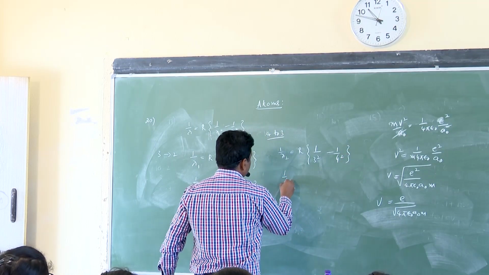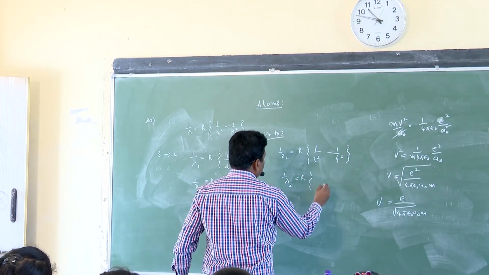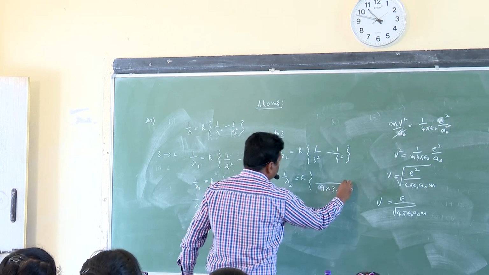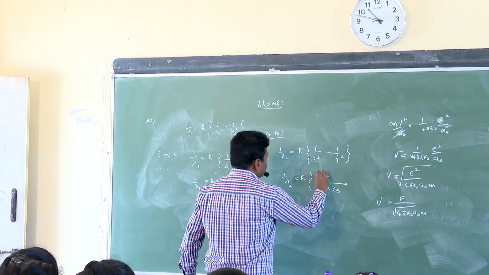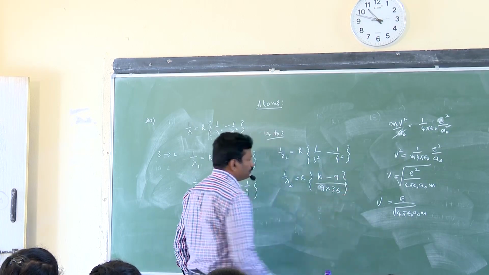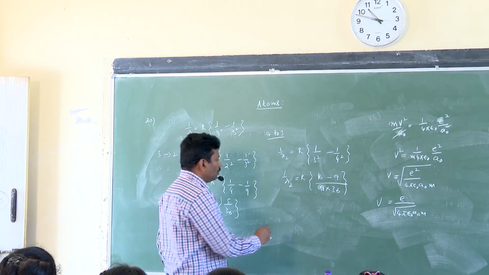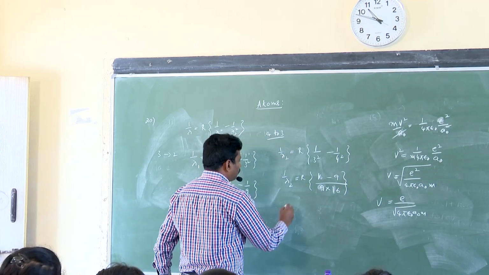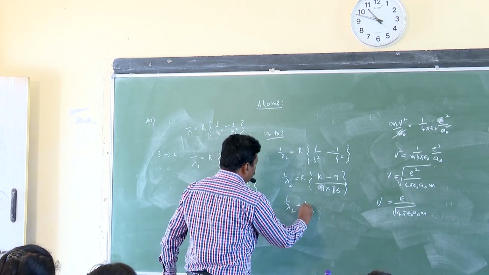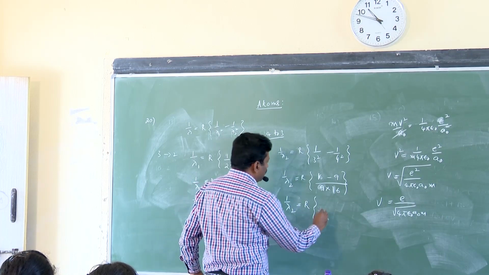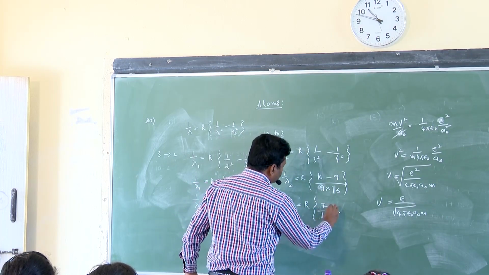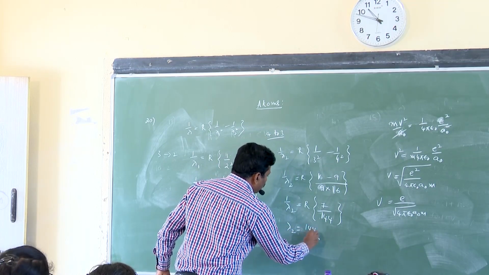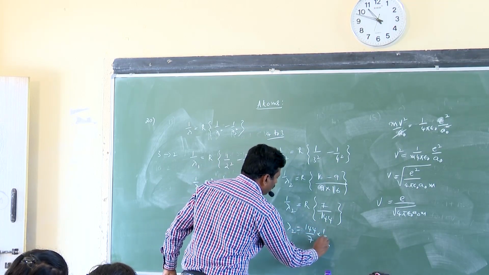Taking the LCM, 9 into 16, we get 1 by lambda 2 equal to R into 7 by 144. Therefore lambda 2 is 144 divided by 7 into 1 by R.